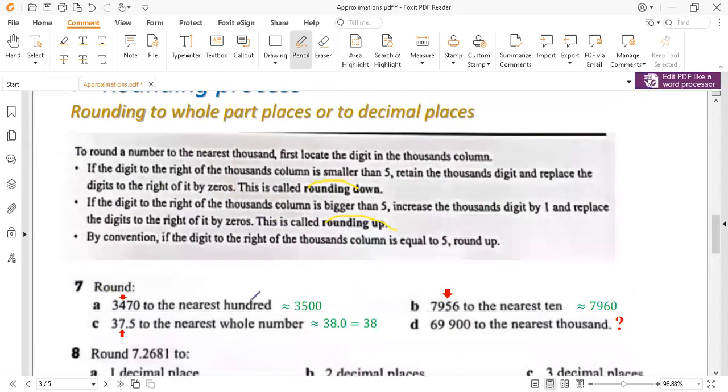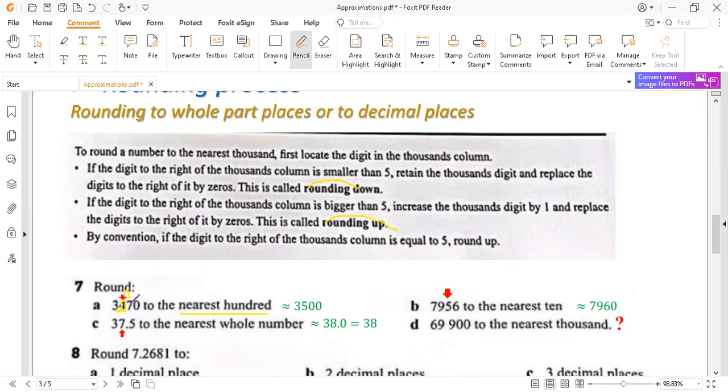So, for example, first of all, we indicate the nearest place. We have this number and we want to round it to the nearest 100. So we search for the 100 place. The 100 place is here. So we compare the digit located directly to the right of the 100, the tens digit 7. We compare it to 5.